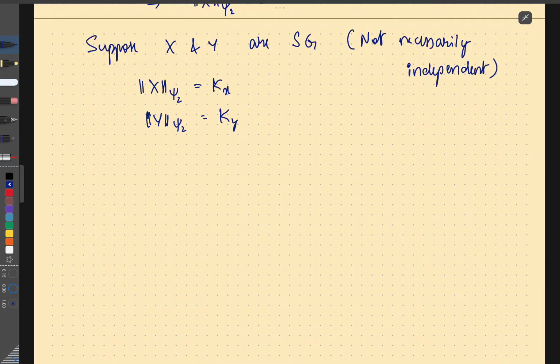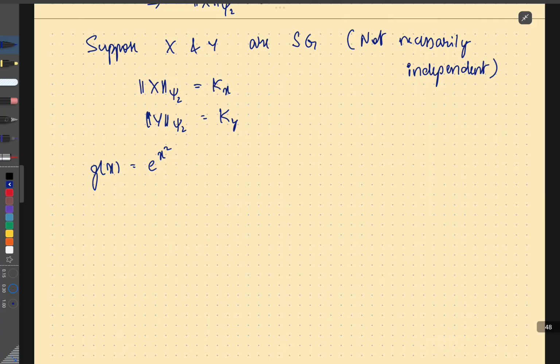So the key trick to proving that x plus y is also Subgaussian, and that the Subgaussian norm of x plus y is upper bounded by the Subgaussian norm of x plus the Subgaussian norm of y, is the following. Let's define the function g of x to be e to the power of x square.